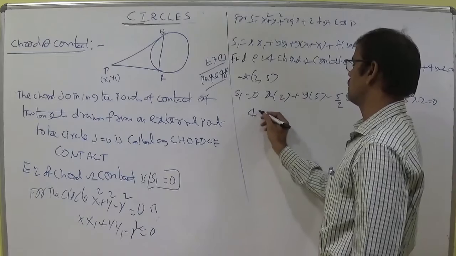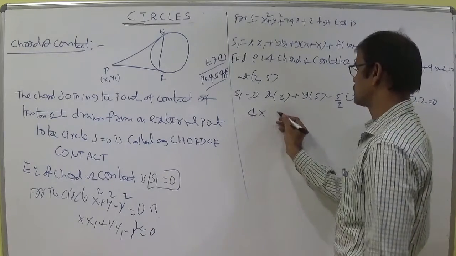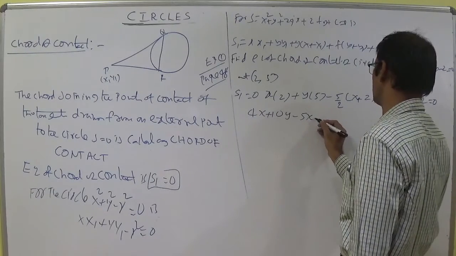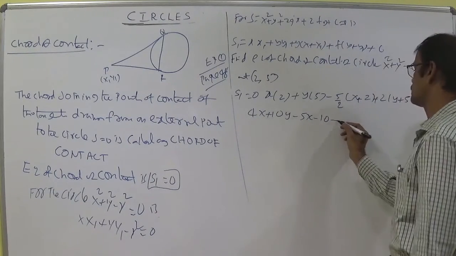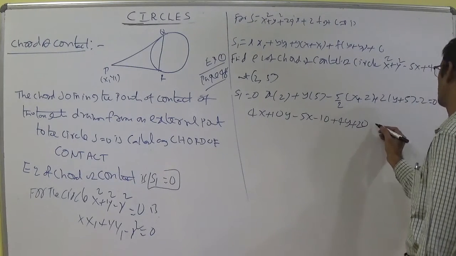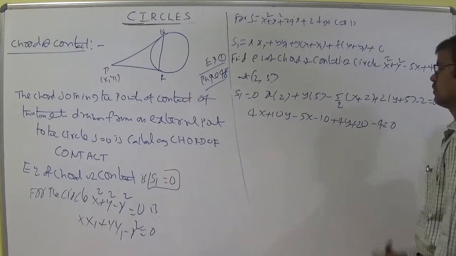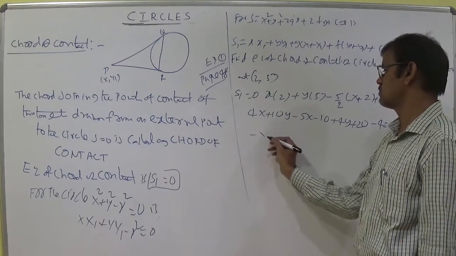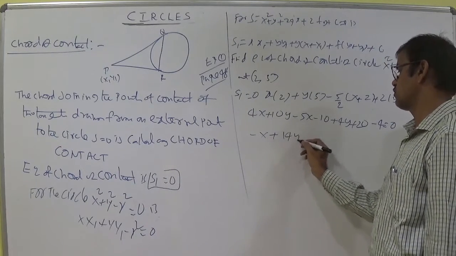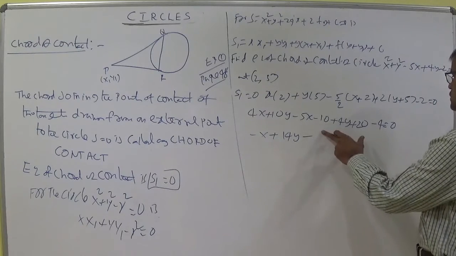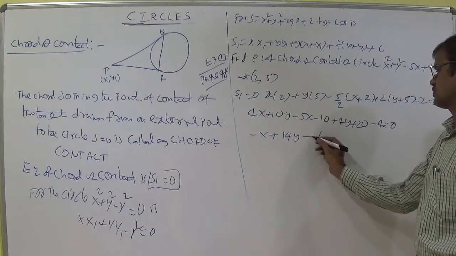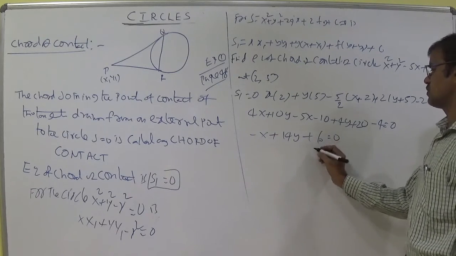You can write here by taking LCM 2: 2 twos are 4x plus 10y minus 5x minus 10 plus 4y plus 20, minus 4 equal to 0. 4x minus 5x becomes minus x, plus 10y plus 4y is plus 14y, and minus 10 plus 20 minus 4 is plus 6, equal to 0.